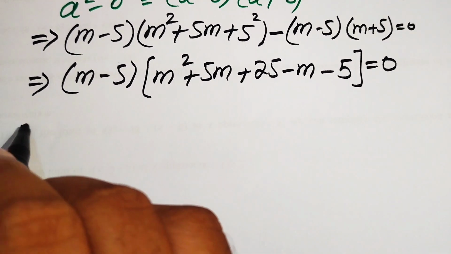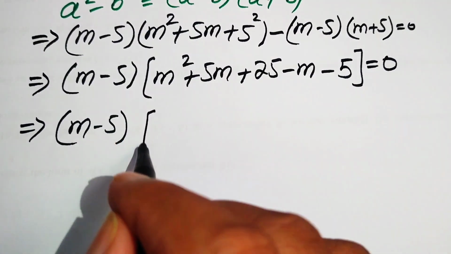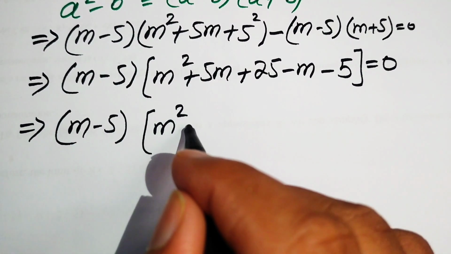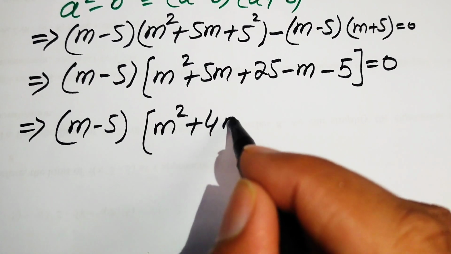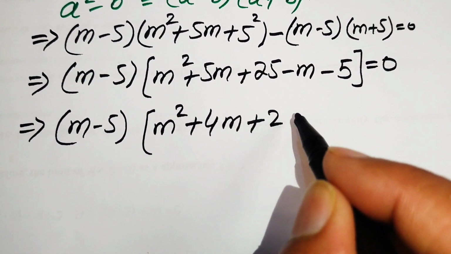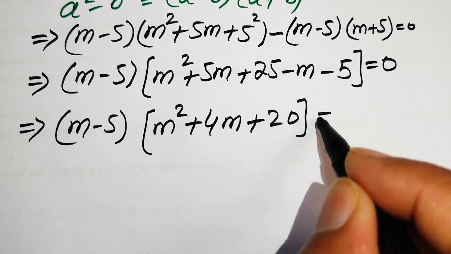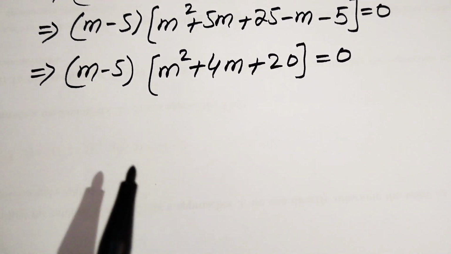In the next step we have m minus 5 times m squared, and 5m minus m becomes 4m, and 25 minus 5 becomes plus 20, and this whole equals 0. So here we have two cases.